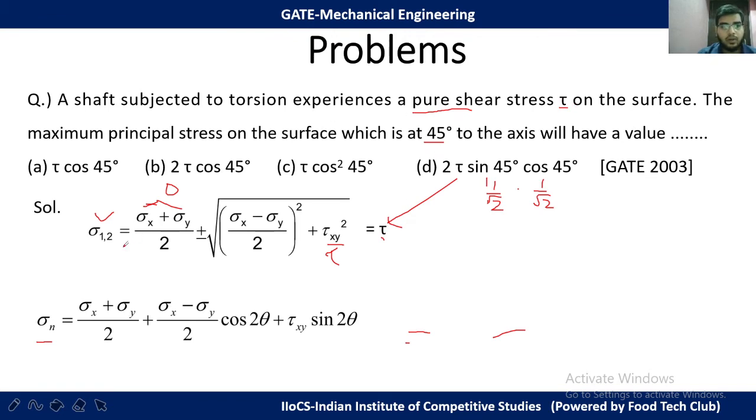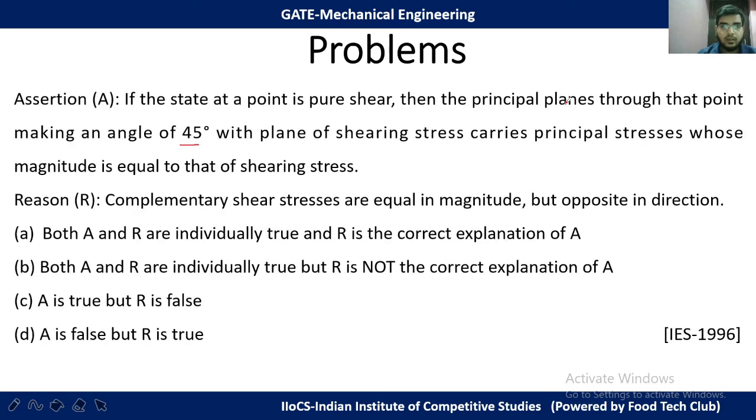So the value of principal stress we get is tau, which is equal to the value of pure shear stress applied. So principal stress and shear stress will be of the same magnitude. So this is true. We have seen it in the previous problem.